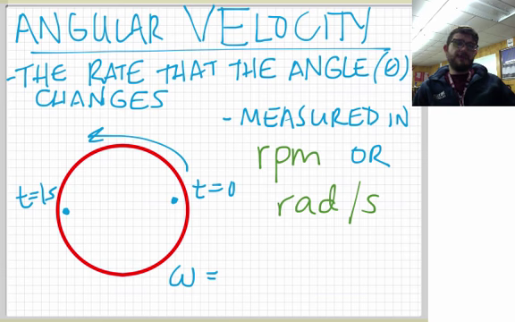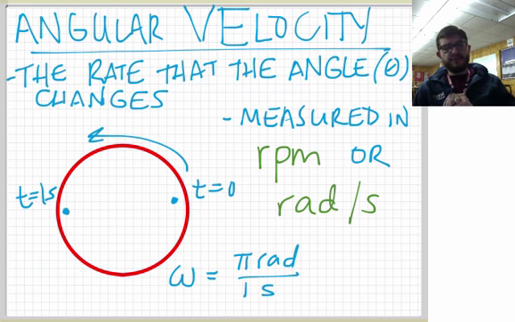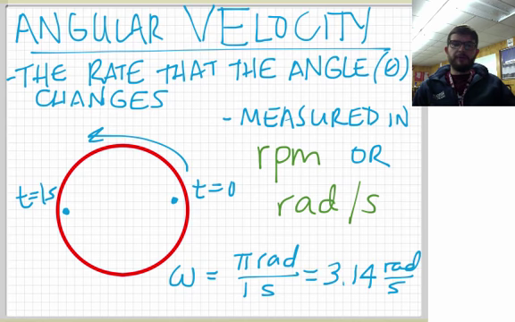So if I actually wanted to calculate the angular velocity of this object, I would divide how many radians I traveled by the time it took me to travel that. In this case, I traveled pi radians, because it's half of a circle, in 1 second. So that would be 3.14 radians per second if you wanted to remove the symbol pi.